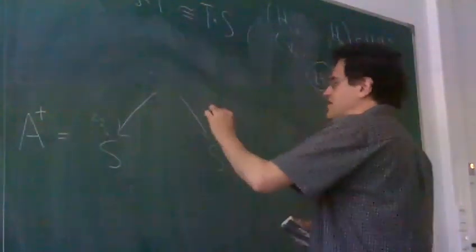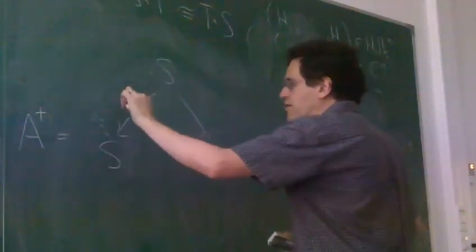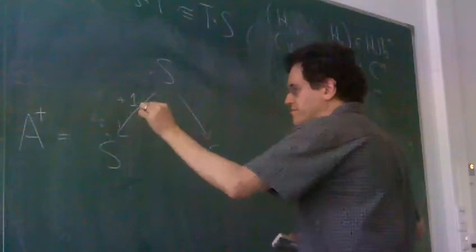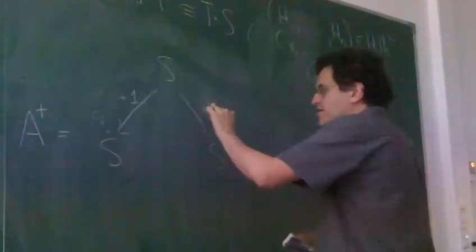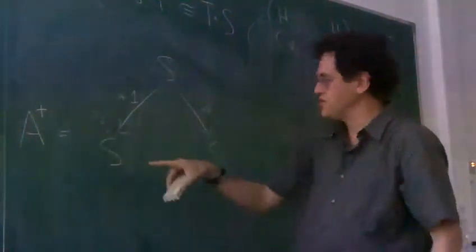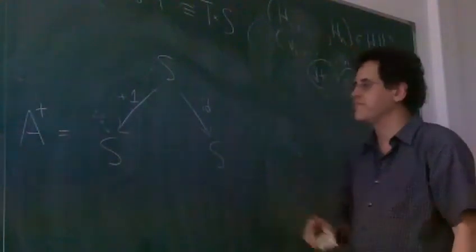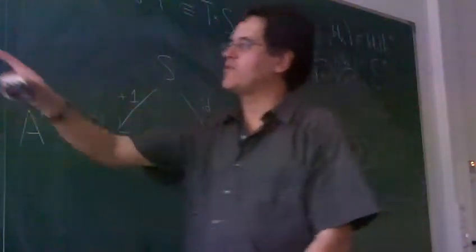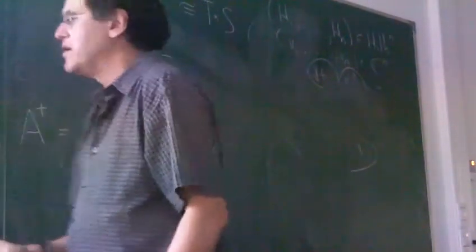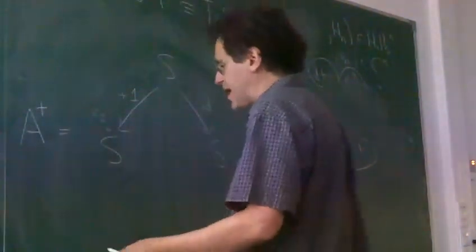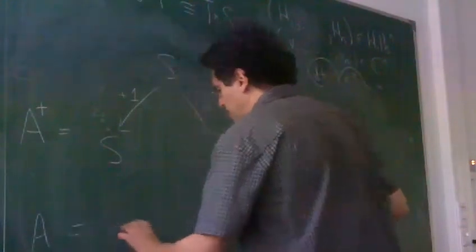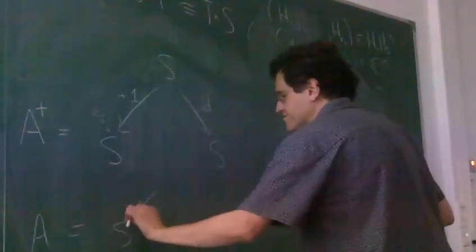So it's actually a span, where here I'm adding one extra element, and here this is the identity. So this A dagger is short for a span, and then here what I'm doing is I'm composing two spans. So that's again a span from S to S. These are the basic building blocks, these two.